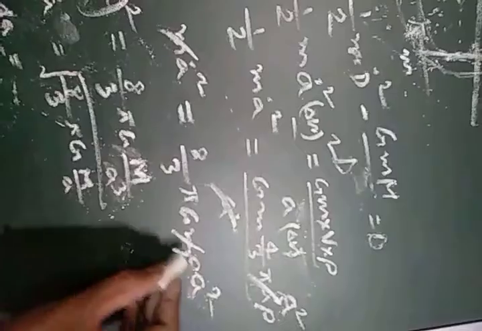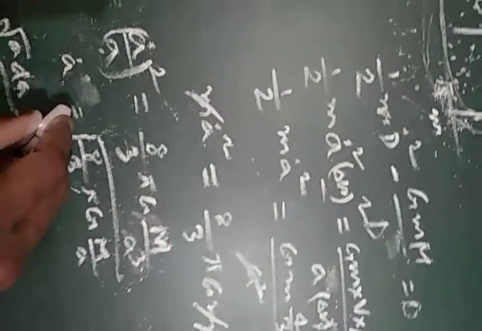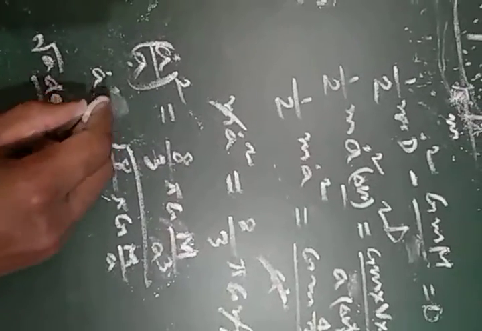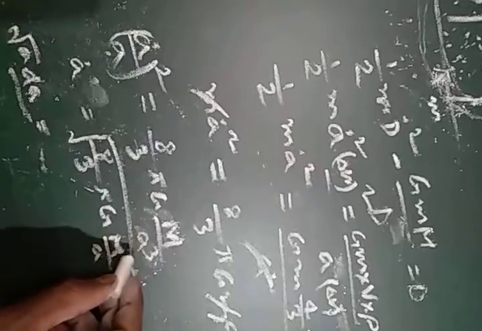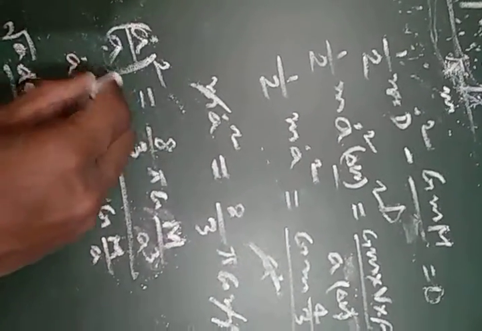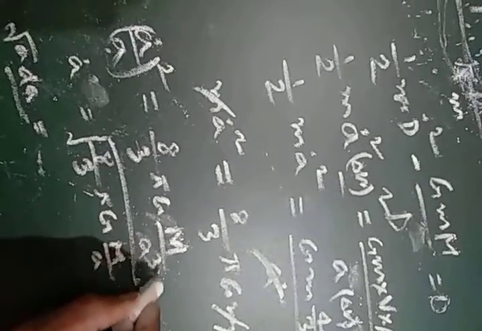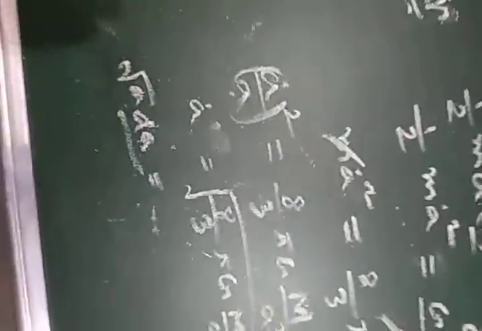This thing is final. So a dot comes out to be root over this thing. Here a square and here a cube, so only one a remains, and when we take the root, it comes out to be this. We could have done it empirically by trial and error methods, but we try to do it by other methods.